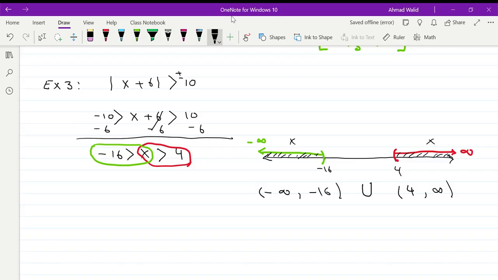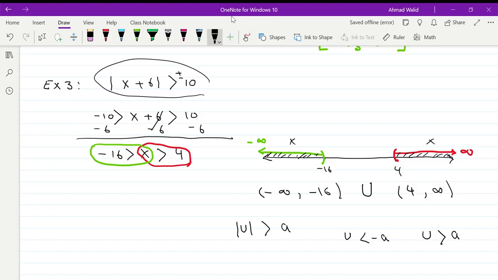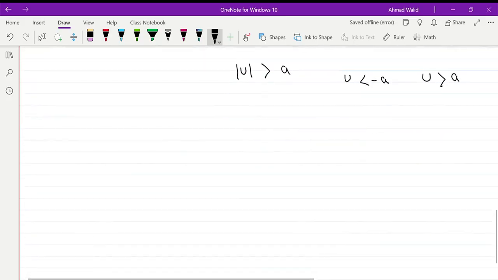Look, I told you in the theorem at the first, if you have absolute value of u greater than a, it can happen only when u is less than negative a or u is greater than a. You see the theorem here? How we did it? Correct? Let me do another example.